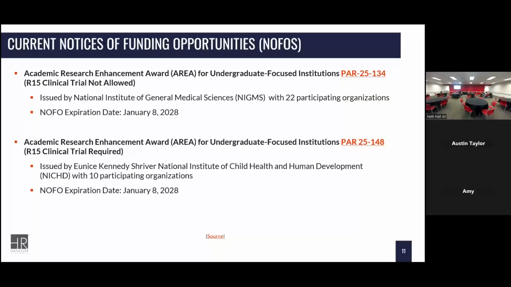And the reason for that is there are additional reporting requirements and data entry requirements for work that involves clinical trials. So the NIH is very intentional about that. And so fewer institutions support that via this mechanism, because this mechanism also has smaller funding associated with it than R01.